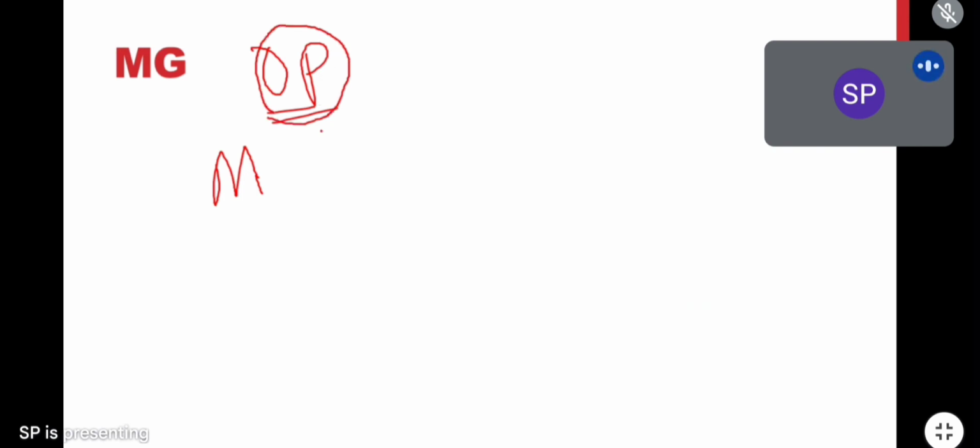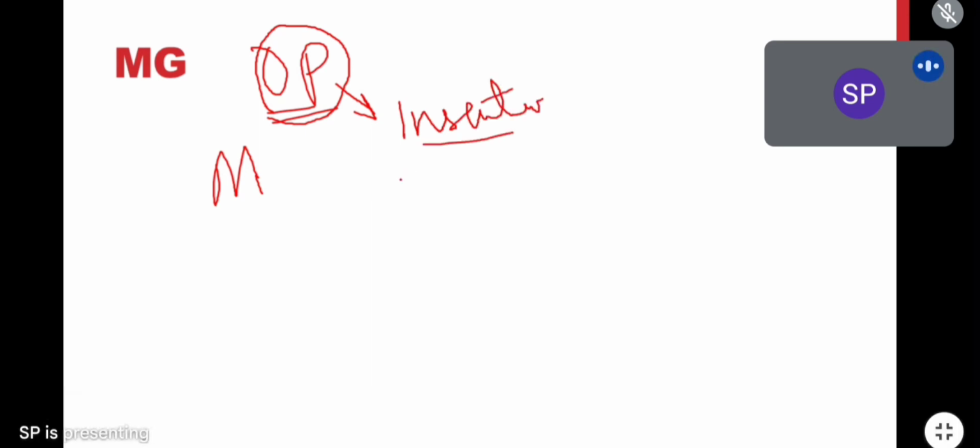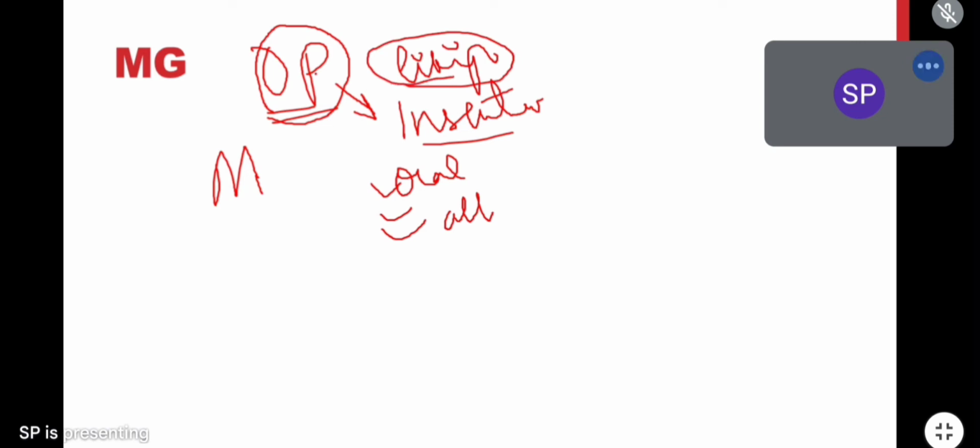In the previous class I told, organophosphate compounds are very preferred as insecticides. They are absorbed from the oral route, the ocular route, the dermal route, from all the routes, because they are highly lipophilic drugs.